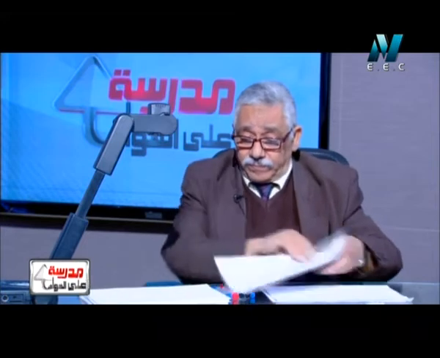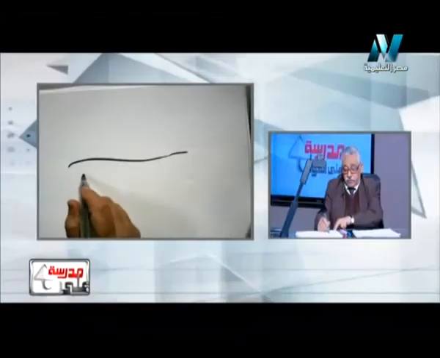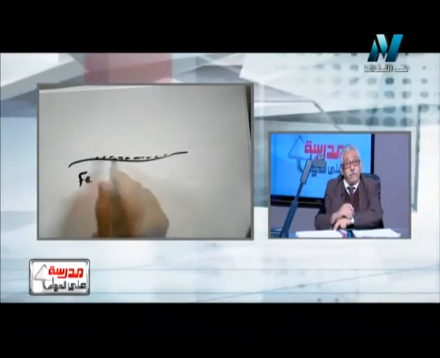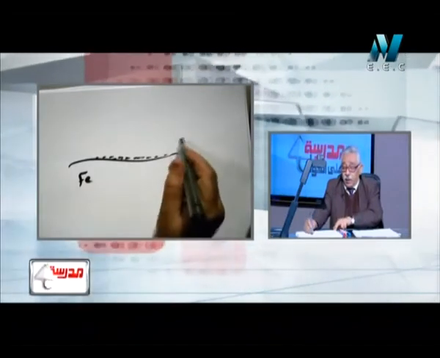Let's see the mechanism of the rusting of iron by equation. Here, for example, is a piece of iron, and here is some water that contains ions, acting as an electrolyte, and oxygen from the air.